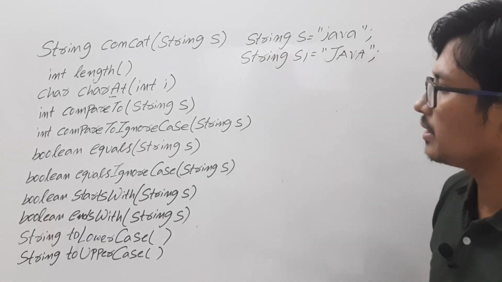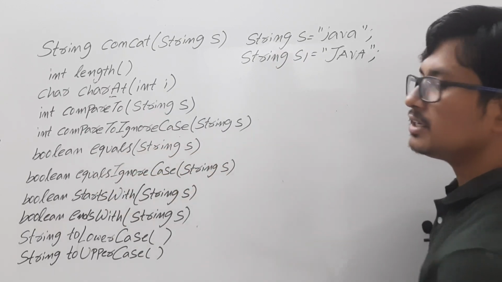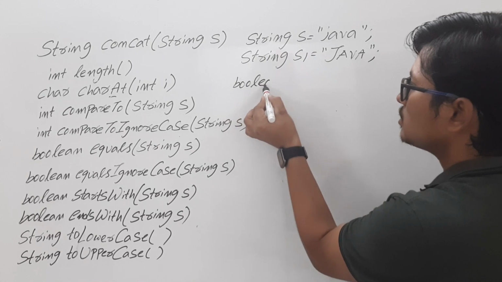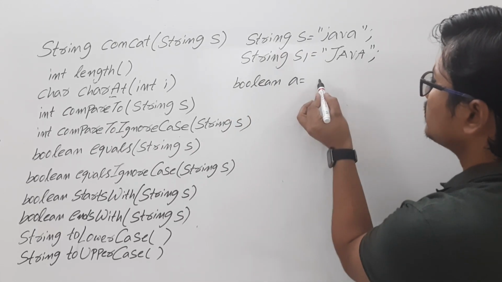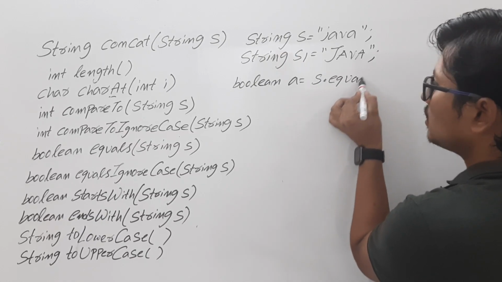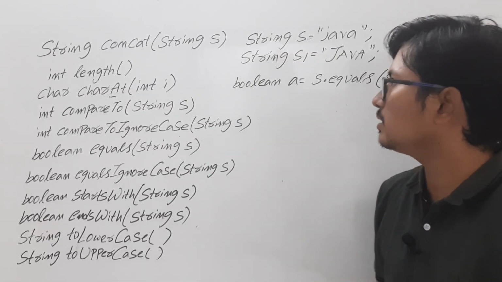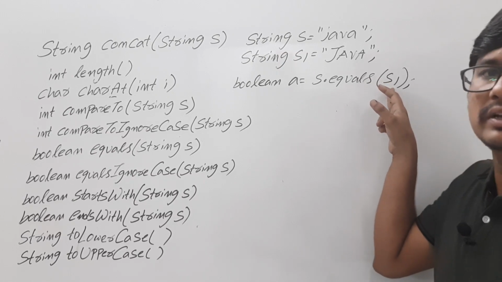Then if I am using the equals method, what will it return? It will return a boolean value. So you need to write boolean a is equal to s.equals(s1). Then it will compare the string in the variable s with the variable s1.